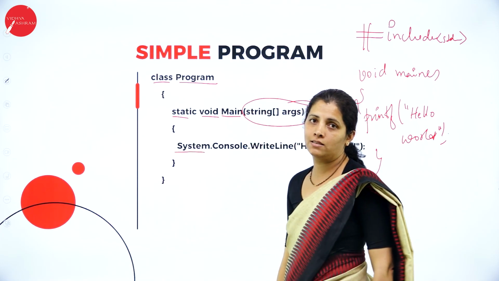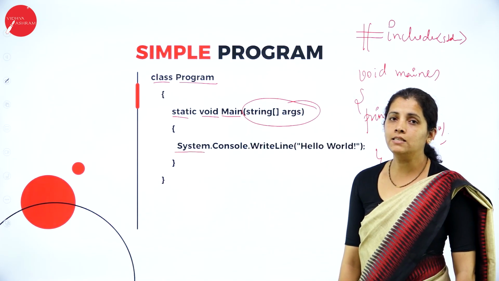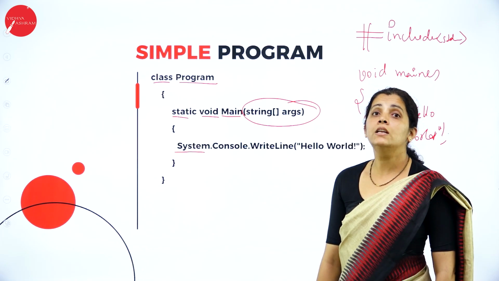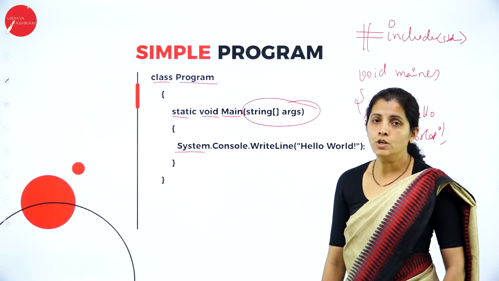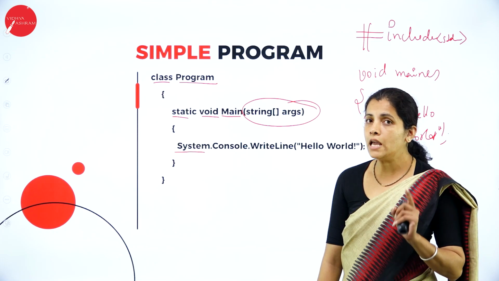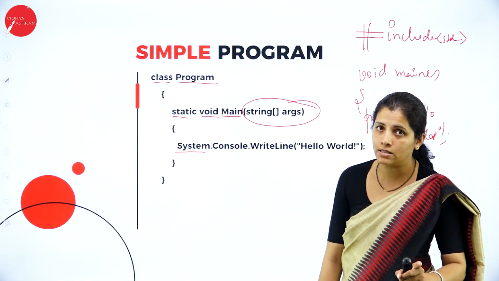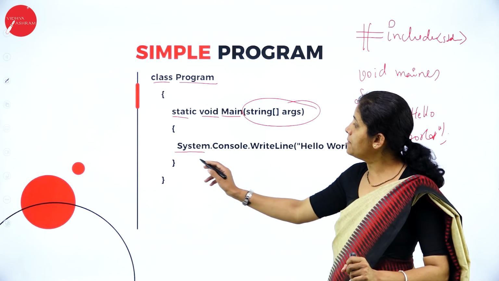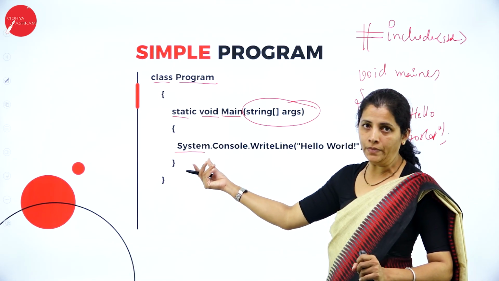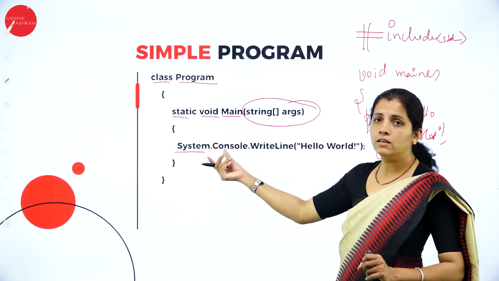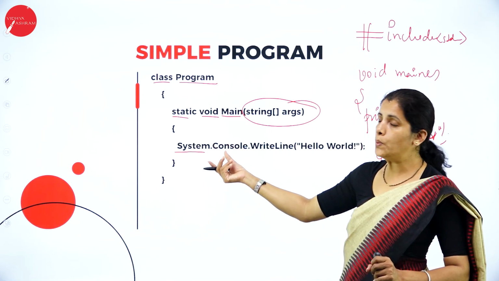So what is this System? System is nothing but a namespace. And what is a namespace? A namespace is nothing but a collection of classes. So what is my namespace? That is System. I can write a C# program in two ways.